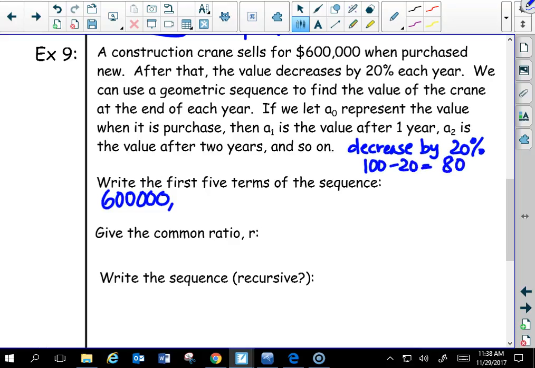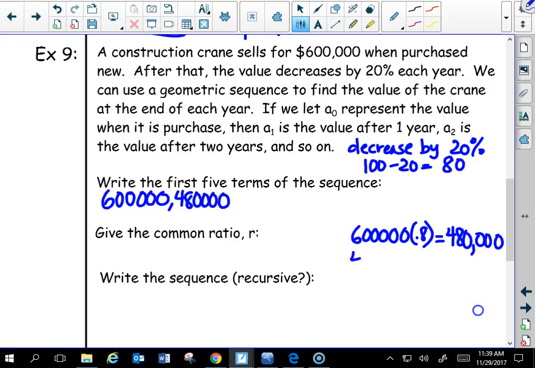So throwing in some math here, take my 600,000. So 600,000 times 0.8 gives me the value at the end of the first year, which is $480,000.